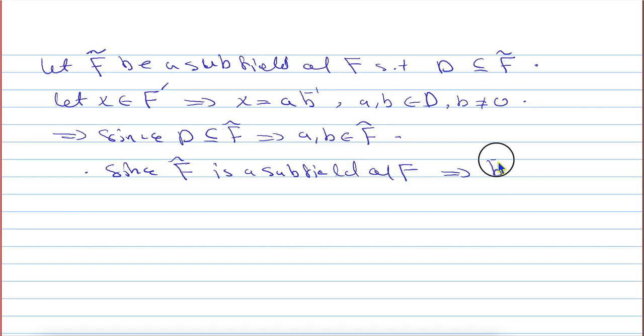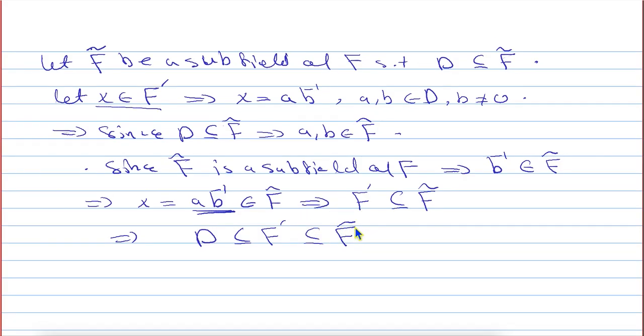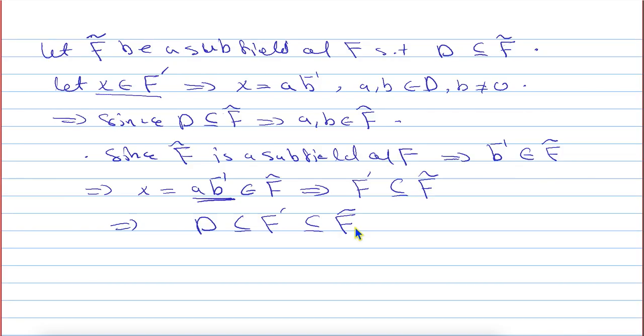Then B inverse is in F tilde, and this implies that X, which equals A B inverse, is in F tilde, which means that F prime is contained in F tilde. So the situation becomes D is contained in F prime, which is contained in F tilde. Therefore, F prime is the smallest subfield containing the integral domain D.